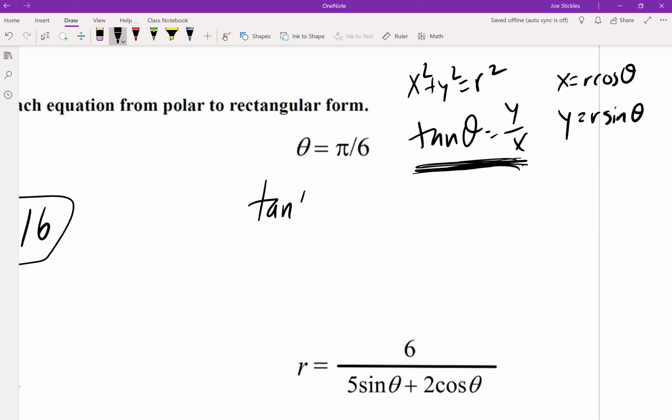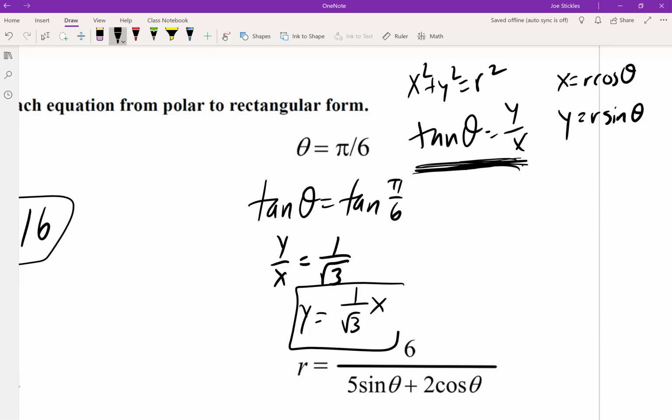Let's just take the tangent of both sides. So I get tangent of theta is tangent of pi over 6. And now I can plug in y over x for tangent of theta. We take the tangent of pi over 6. That's 1 over root 3. And now if I want to write this in a more familiar form, I can write it as y equals 1 over root 3 times x. And I recognize the theta equals pi over 6 as a line. y equals that slope times x. That is an equation of a line.